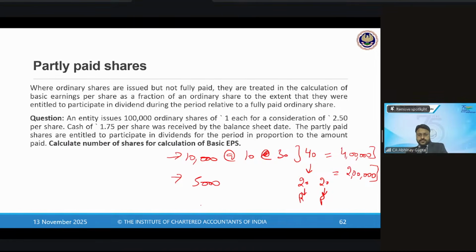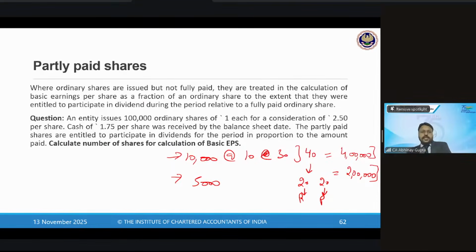Yes, sir. So what do you think? Should I calculate my earning per share on the 10,000 shares, or on the 5,000 shares which are fully paid? 5,000 fully paid.